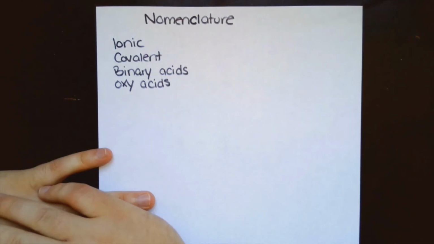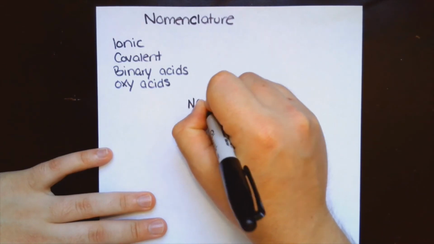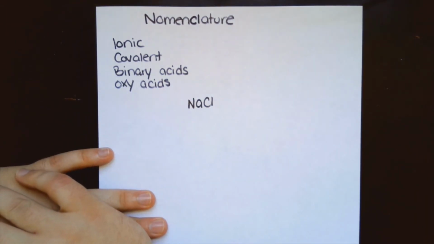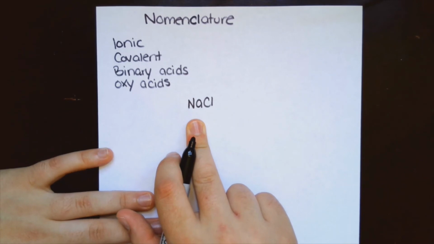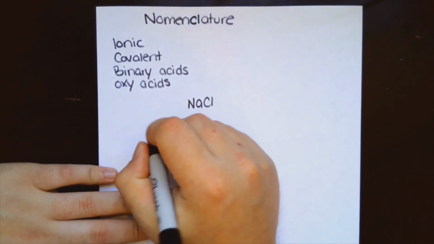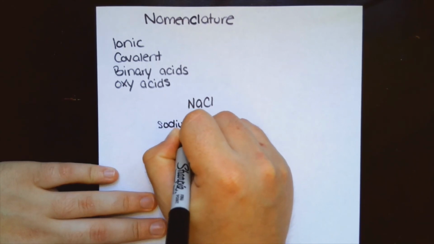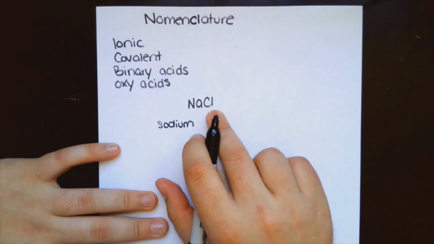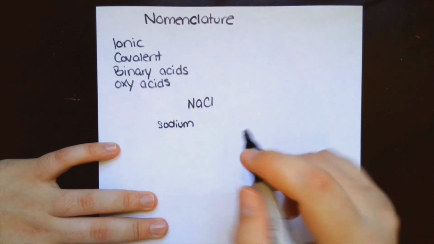Okay, so let's start with ionic compounds. We'll use NaCl as our first example. When you're naming an ionic compound, remember, it's going to be a metal bonded with a nonmetal. The metal always comes first in the formula. So to start, you always just name the metal. Here, we can start with sodium. Then you can also name the root of the nonmetal and give it an IDE suffix.